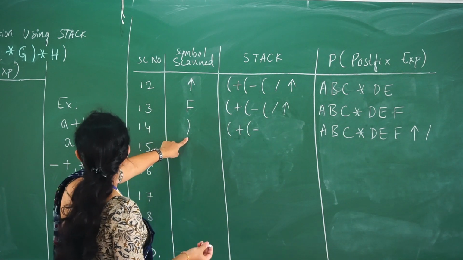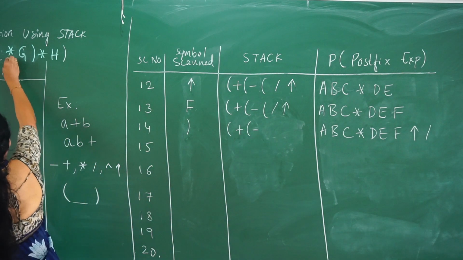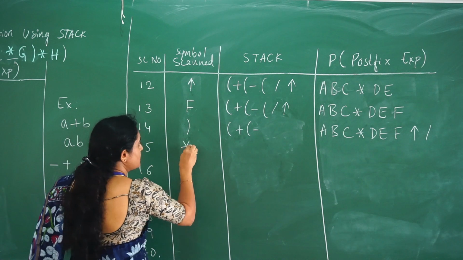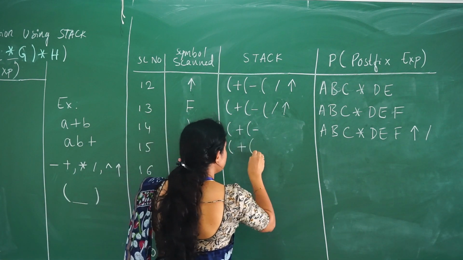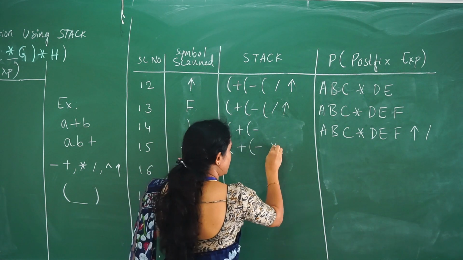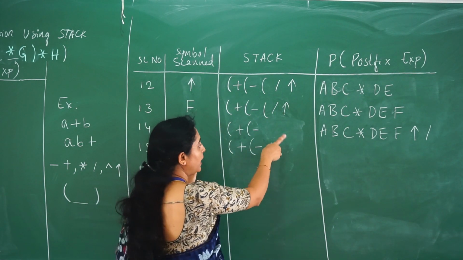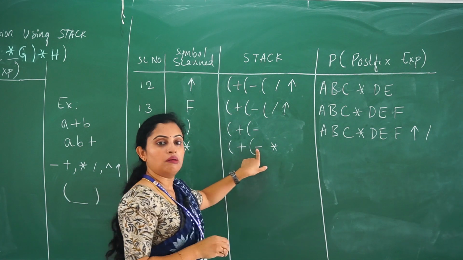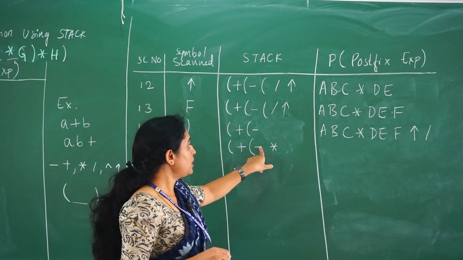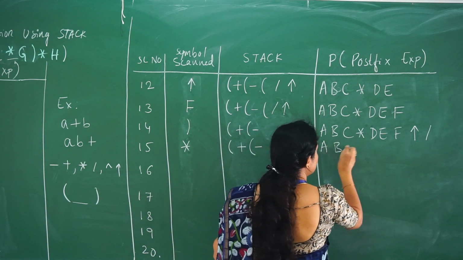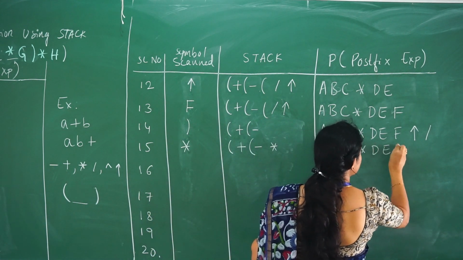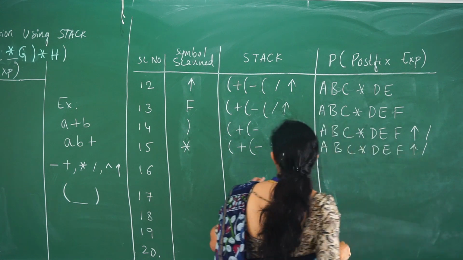So the next scanned symbol is an asterisk. Since asterisk is an operator, we are going to push it inside the stack. Asterisk has a higher precedence than the subtraction, so we are not going to pop it out. So this postfix remains the same.